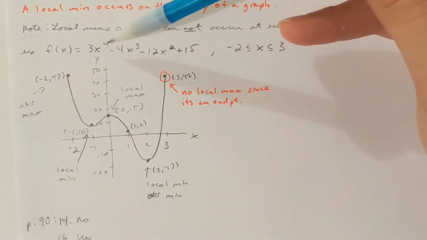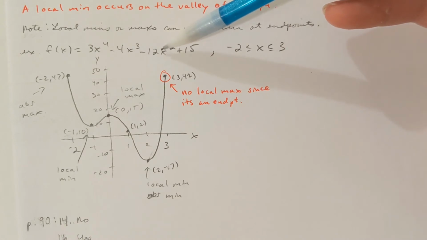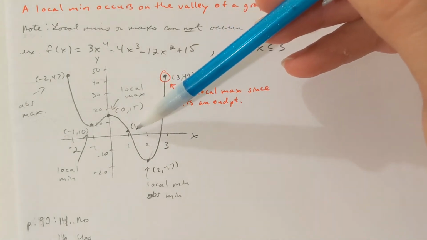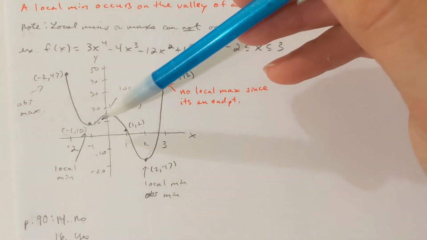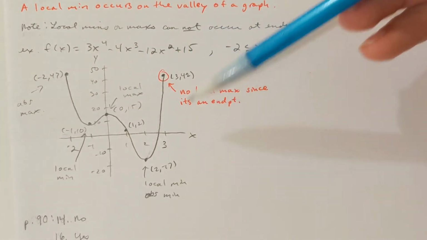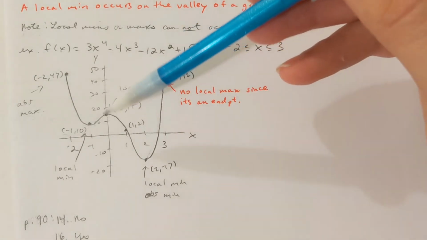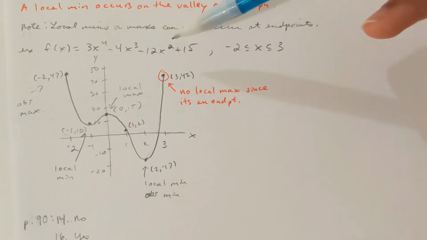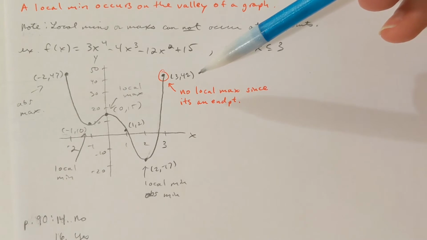If x is 1, 3 minus 4 is negative 1, minus 12 is negative 13, plus 15 is 2. Here's 1, 2 on the graph. If x is negative 1, I get 10. If x is 2, I get negative 17. If x is negative 2, I get 47. And if x is 3, I get 42.